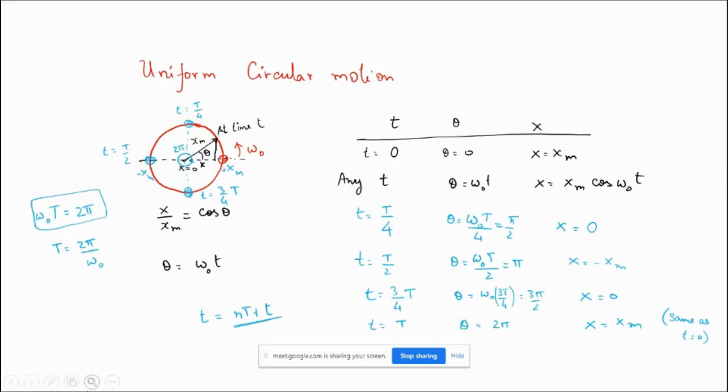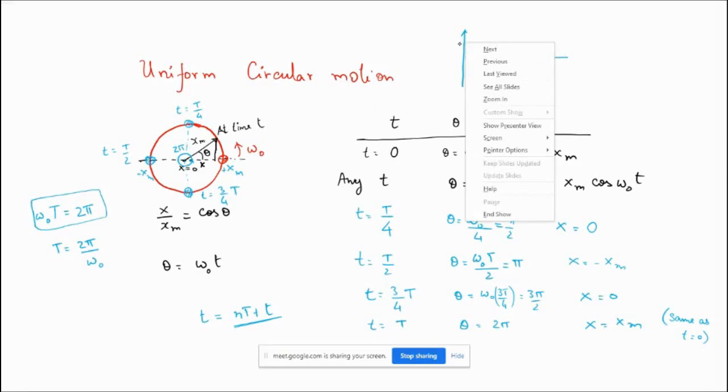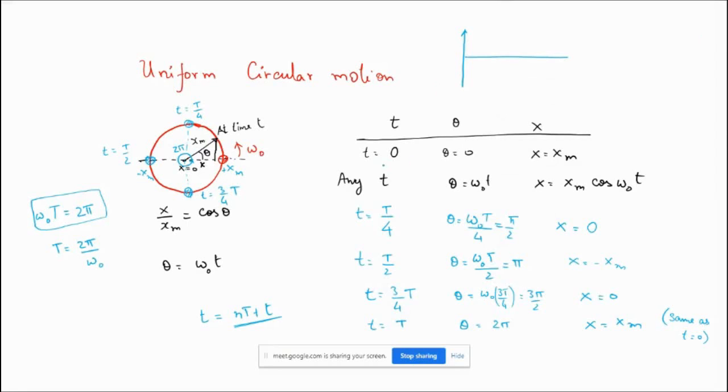This is evident: the projection of the uniform circular motion is a periodic function, because at t equal to 0 it is at positive xm.